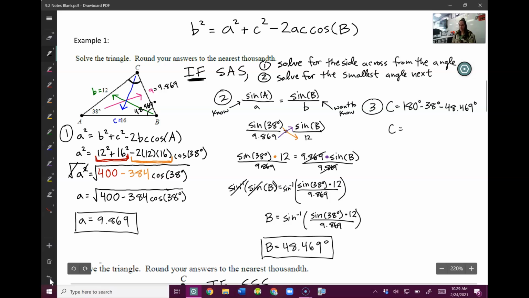So if I type that in, 180 minus the 2 that I have, I should get 93.48. And don't forget degrees because it's a capital letter.